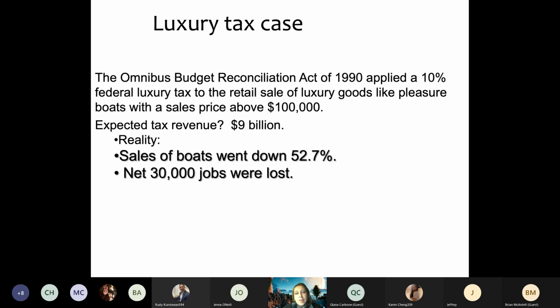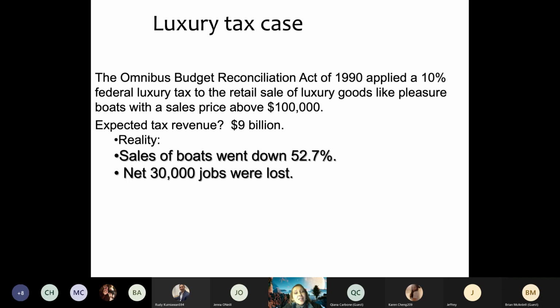Maybe they went for cheaper boats, maybe boat prices right around 100,000 were strategically decreased to $99,999. Somehow 30,000 jobs were lost.